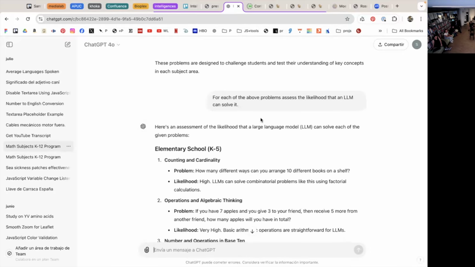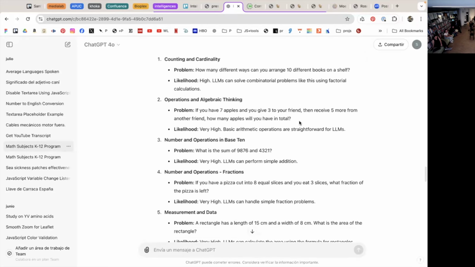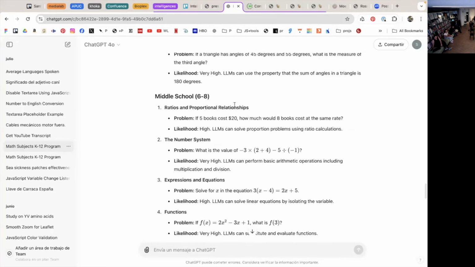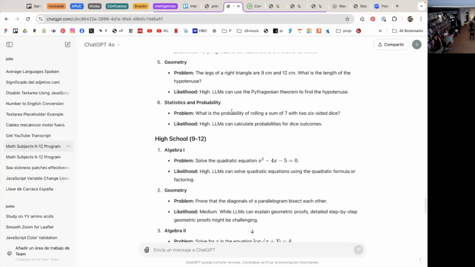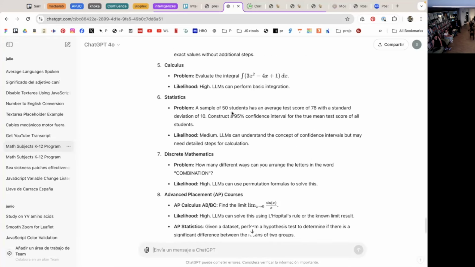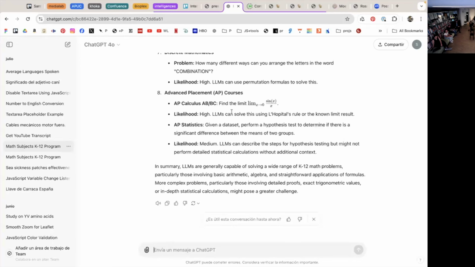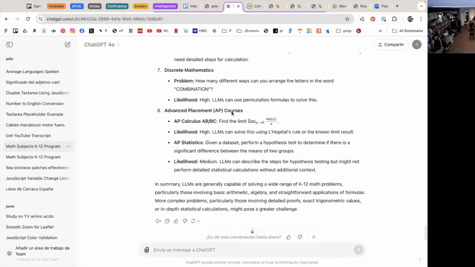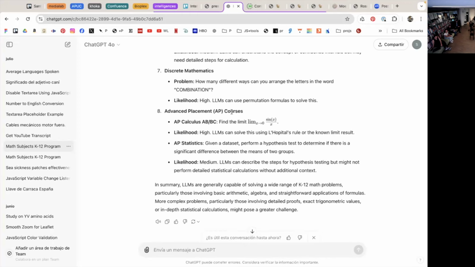And finally, for each of the above problems, assess the likelihood that an LLM can solve it. And it's high or very high. So it can solve essentially everything that it itself identifies as a difficult problem of everything we are teaching our kids, right? So this is the machine that maybe in the future we are asking to educate our kids.